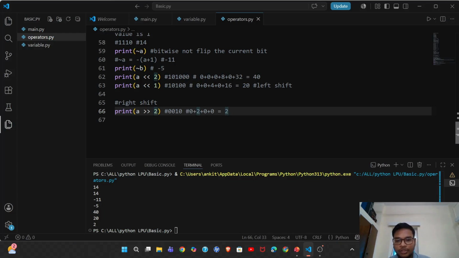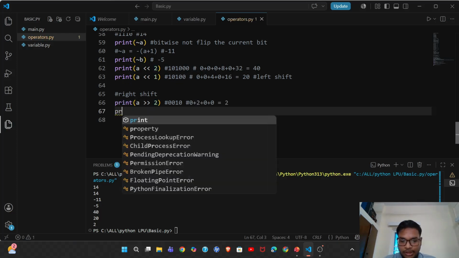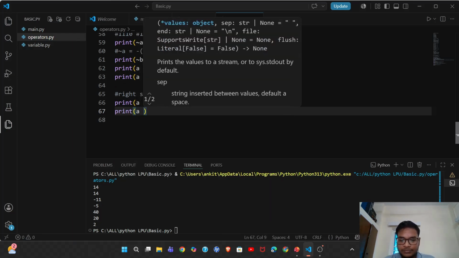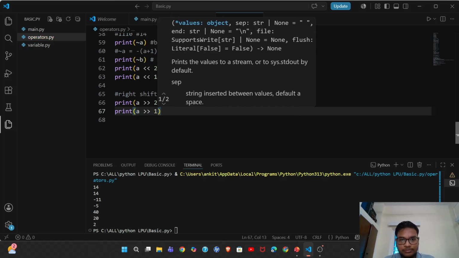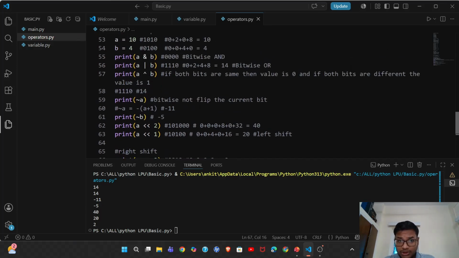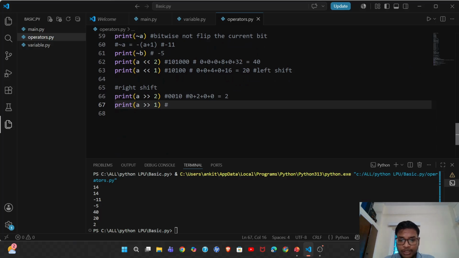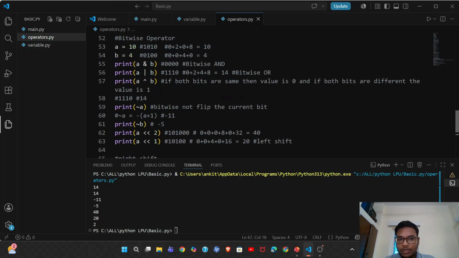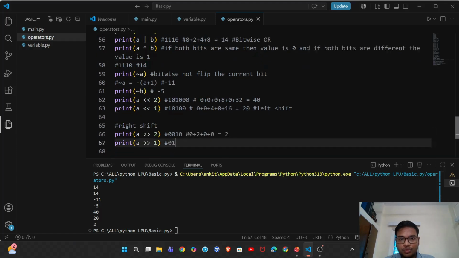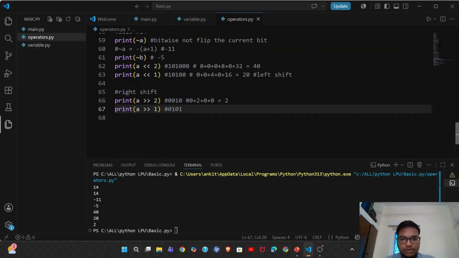Let's deal with one more example. This type: print A right shift 1. What is the final value? Only one value is shifted. So the final value is 0101. Just shift here by 1, remove here, then 0101.